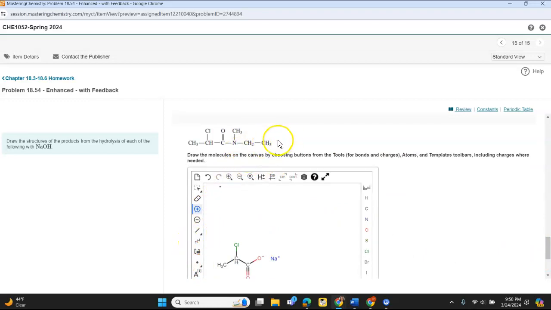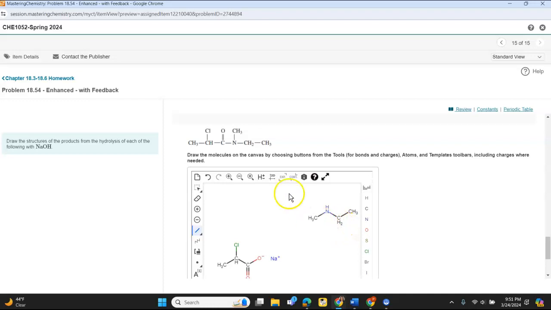So I'll start from this end, CH3, CH2, and then attach a nitrogen atom to this carbon. It made NH2, and I'm going to attach a methyl group to this nitrogen. Okay, so that made a methyl group.